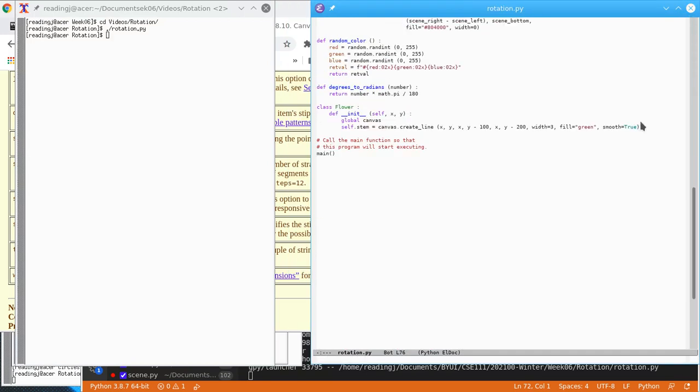Okay. Then we're going to say self.blossom. We're just going to have a stem and a blossom equals canvas.create polygon. Oops, poly was really gone.